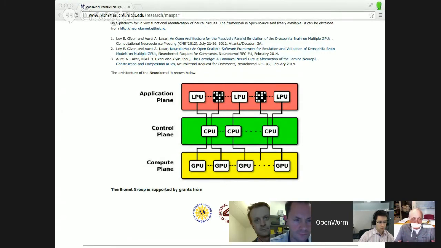So if you compare this, in very rough terms, with the architecture of the internet, the GPUs look like routers, and the CPUs look like the control of the routers. And then the top layer is the application layer, okay? And so this presupposes that the GPUs can do direct memory transfer.